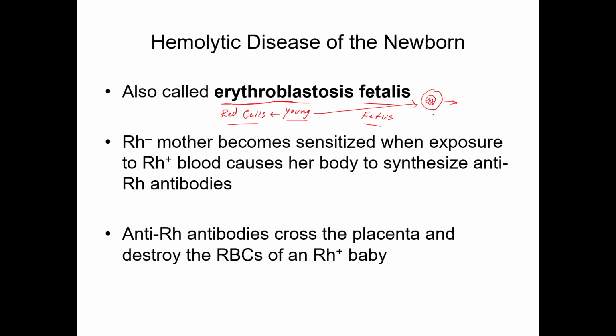Hemoglobin binds with oxygen, right? So although the fetus blood has a lot of red blood cells, those are immature and have no hemoglobin but nucleus, so cannot carry oxygen. So that is a big problem.